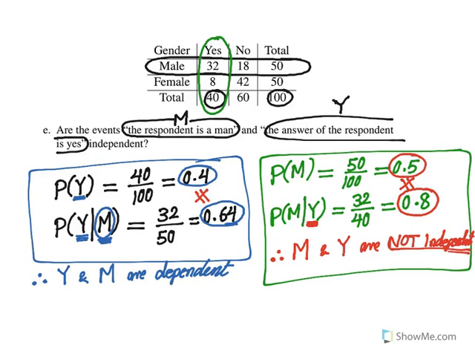Here I chose to write not independent to tell you that it's the same as saying dependent. You can use either not independent or dependent. So in this case, those two events are dependent, or we can say are not independent. And this answers the question.